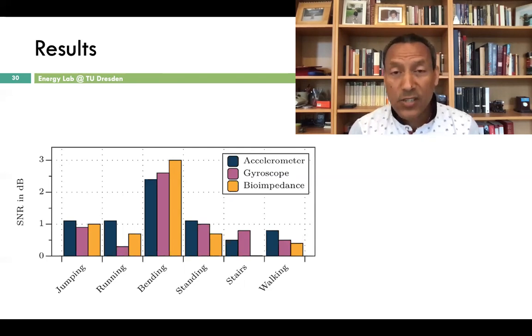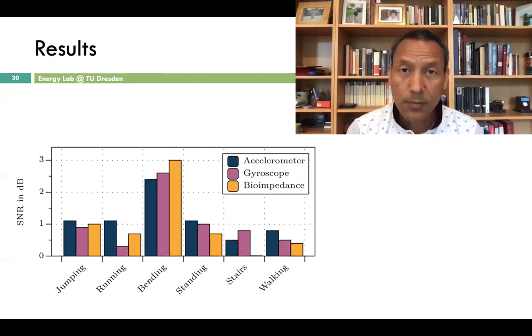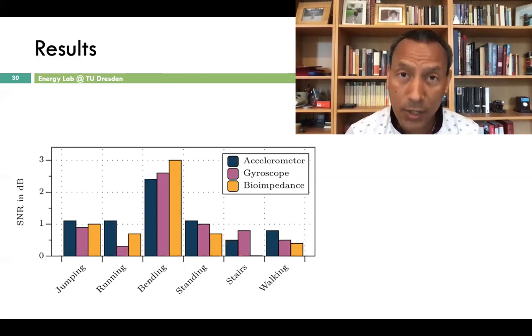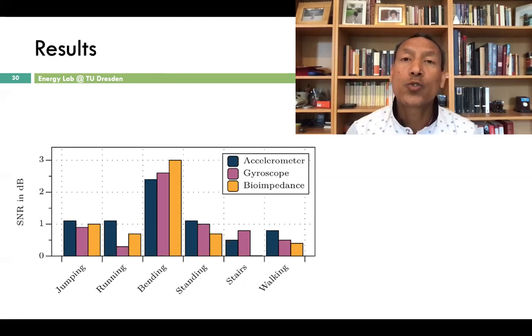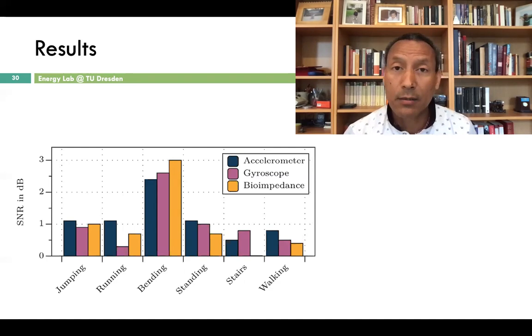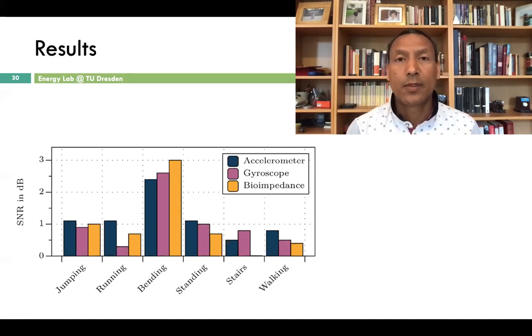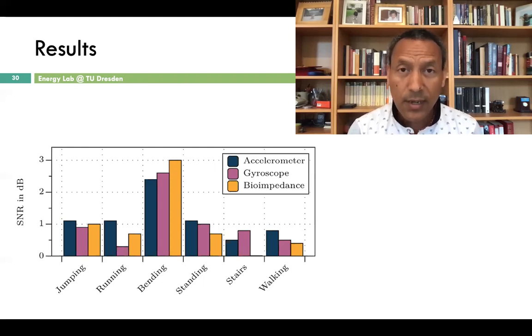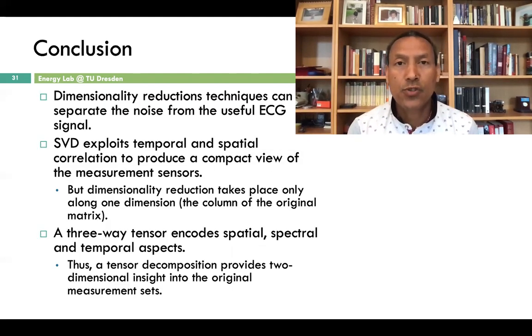So in this research, we apply dimensionality reduction techniques to remove motion artifacts. We also consider different types of motion sensors to correlate the motion artifacts with that of the motion of the person. And we consider different types of movements to examine the scope and usefulness of our approach.